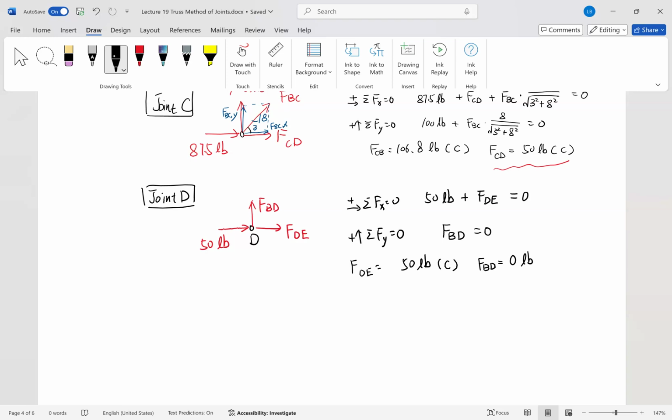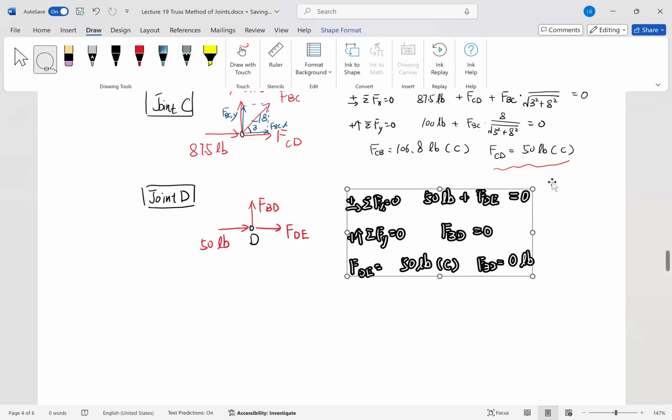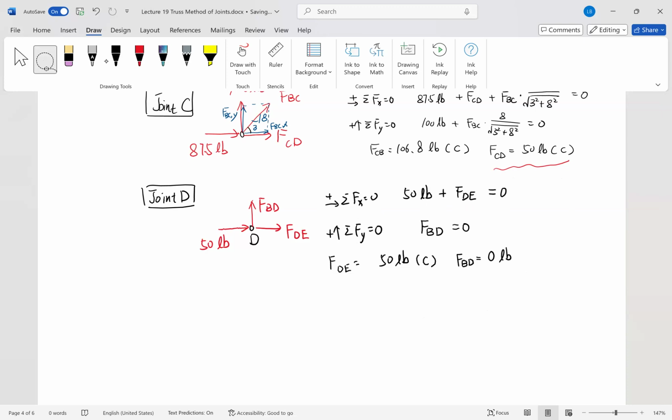And now I would like to first introduce what I would say is a pattern here. If you look at D and its free body diagram, isn't it a T shape, right?